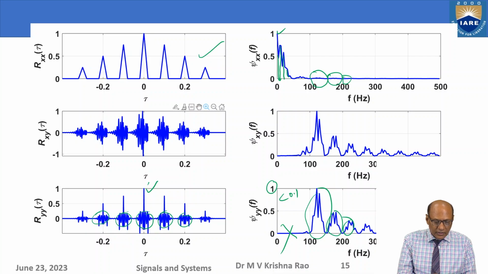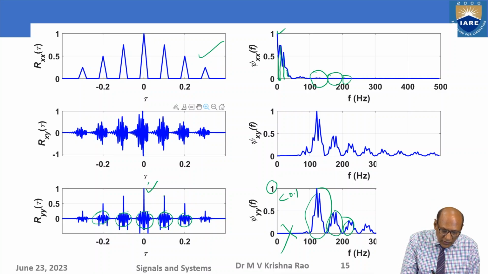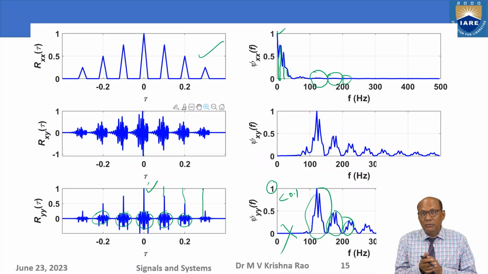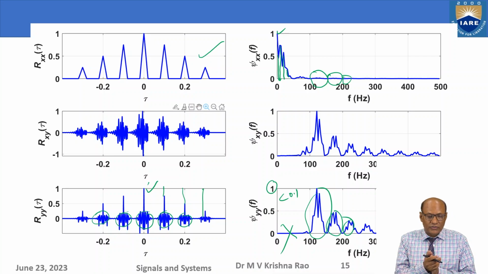It is not periodic indefinitely, because if I take infinite cycles, this also will increase and they will become flat. The autocorrelation function of the output also will be periodic. If I consider one cycle instead of 4 or 5 cycles, I will get that one.